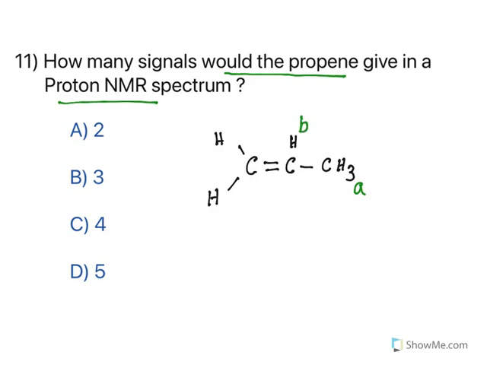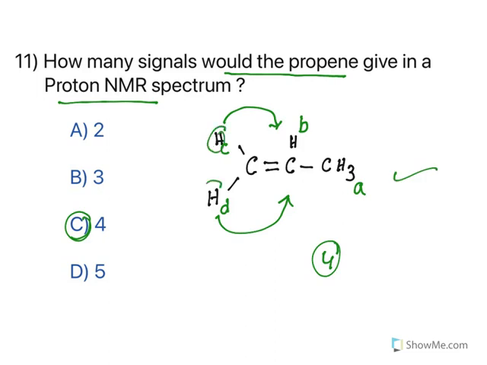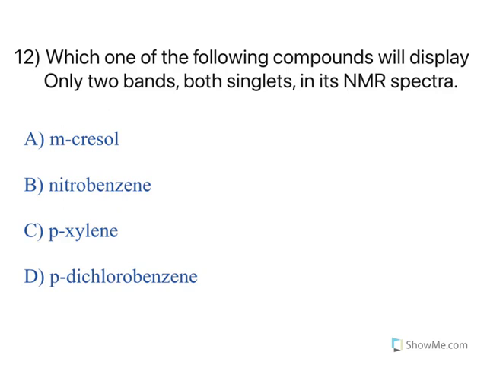Now coming to these 2 protons, look at them, it has a different adjacent environment, and here a different adjacent environment is there. So these 2 are not the same, they are different. So how many different protons are there? 4 different protons are there. So how many signals do we get? We get 4 different signals. So this is how you need to think. Don't get confused with these kinds of protons. You need to think about the adjacent environment. Look at this. Here you have a proton, but here you don't have anything. So these 2 are not the same, they are different.